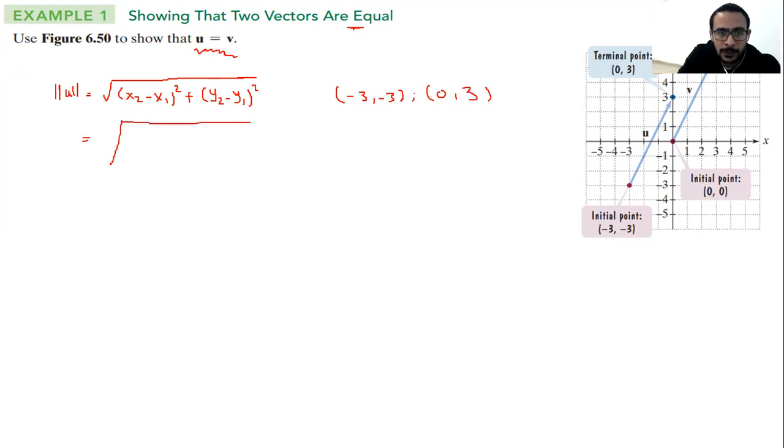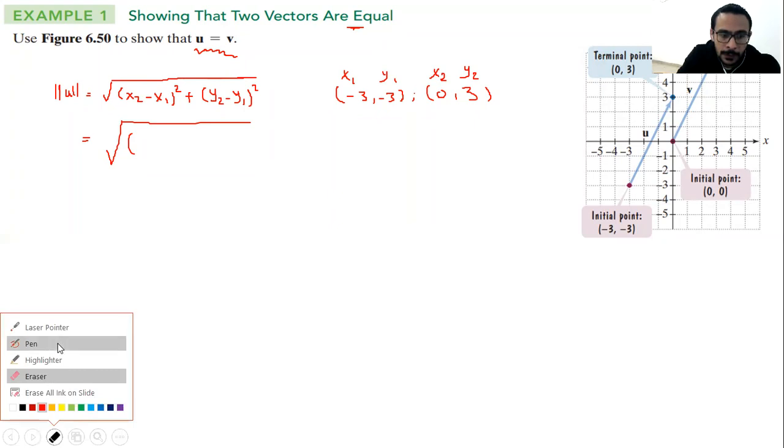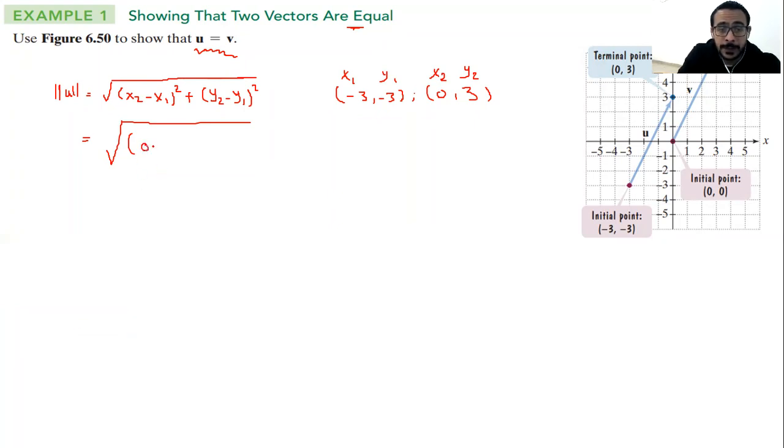It's the square root. Make it easier, and please pay attention from the beginning of the lesson. x2 minus x1: 0 minus negative 3 means 0 plus 3, all squared, and then plus y2 minus y1: 3 minus negative 3, which is 6, all squared.